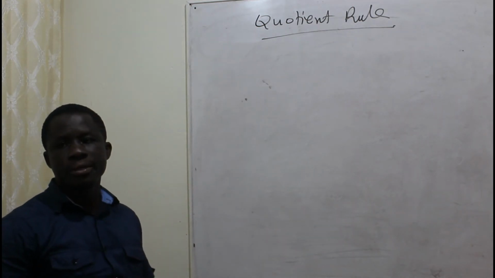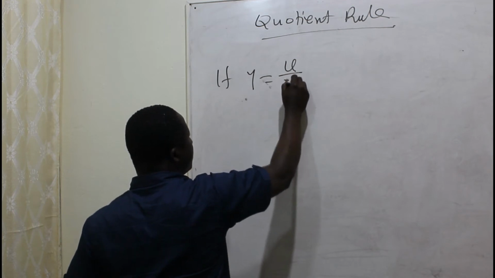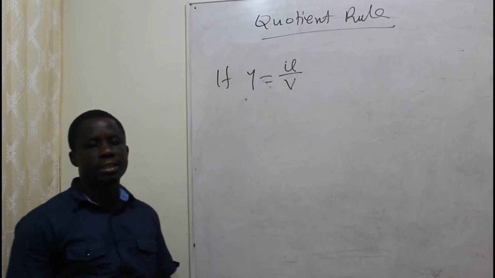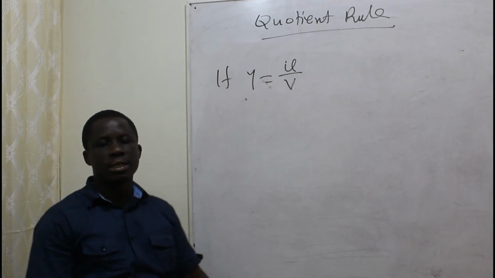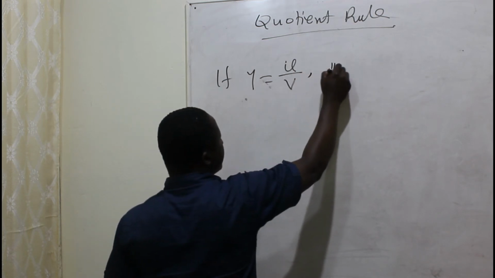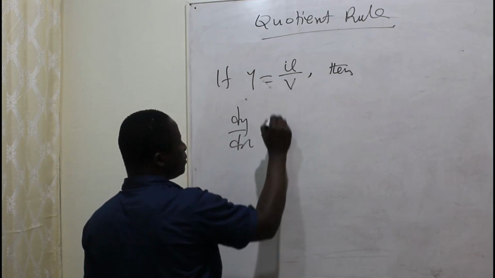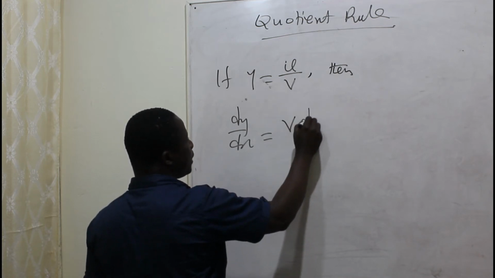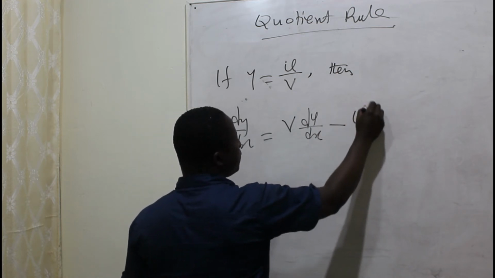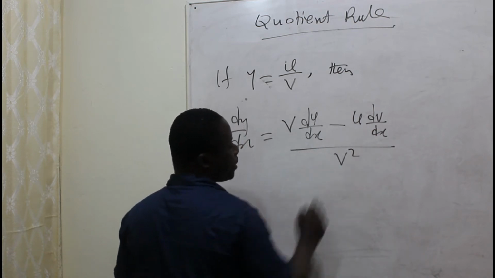The quotient rule says that if you have y equal to u over v, where both u and v are functions of x, that is, rational functions, then to find the derivative, dy/dx will be equal to: we maintain the denominator first, v, then you find du/dx, minus, you maintain u, then you find dv/dx, then you divide the result by v squared.